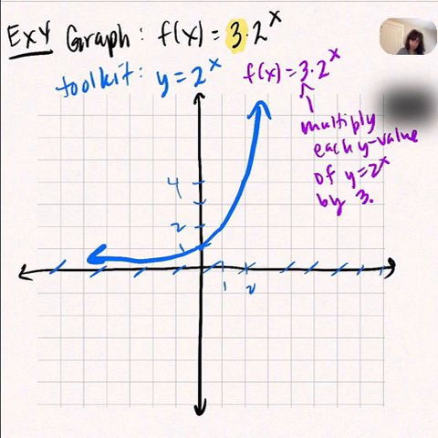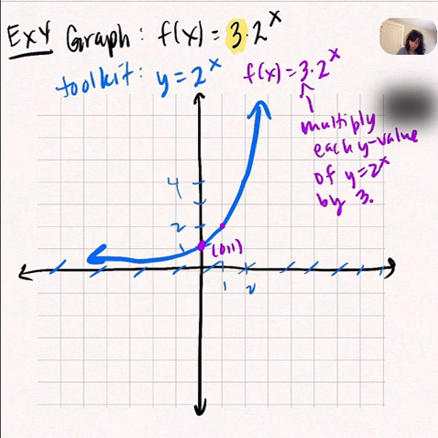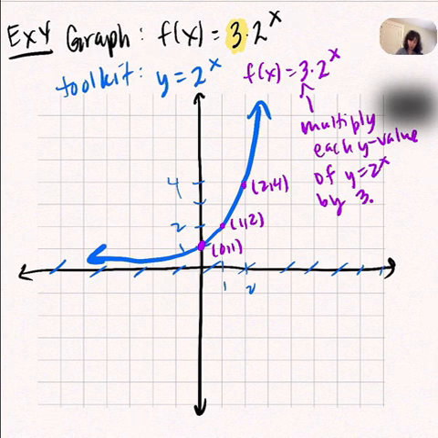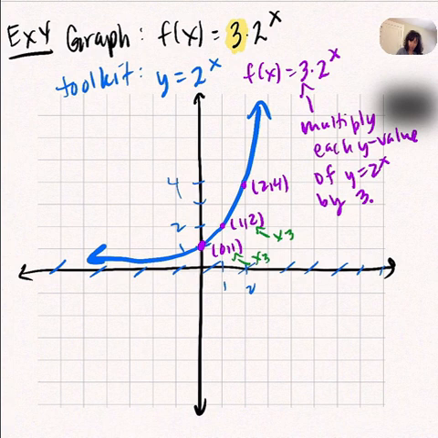Here's what I mean by that. If our graph has 0, 1 on it, and 1, 2 on it, and 2, 4 on it, I'm going to take every single y value and multiply it by 3. So I'm going to multiply every y value by 3 to get new y values.